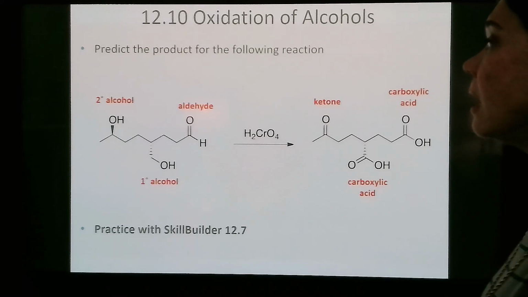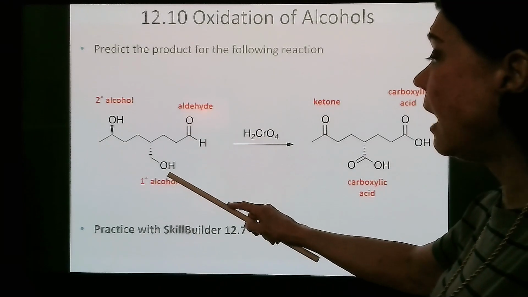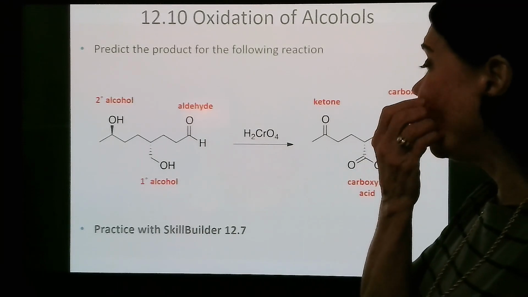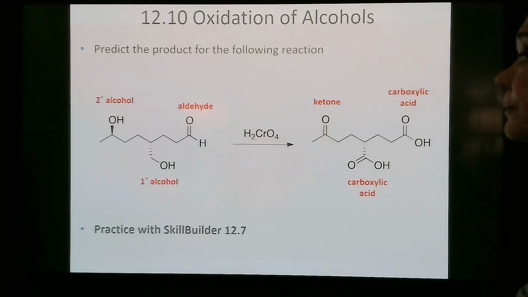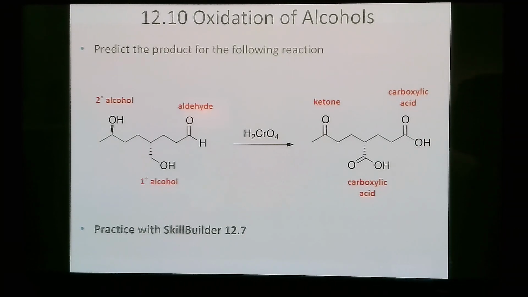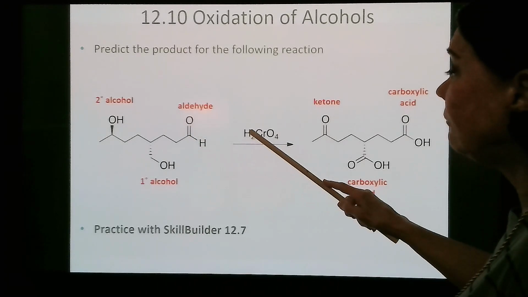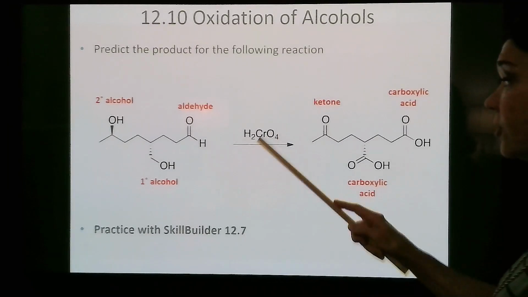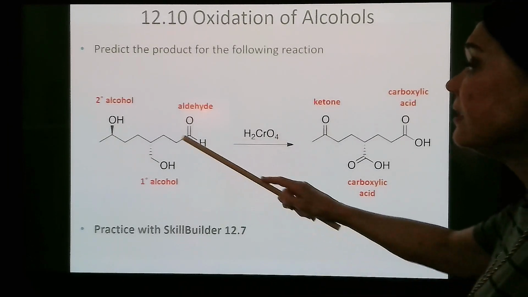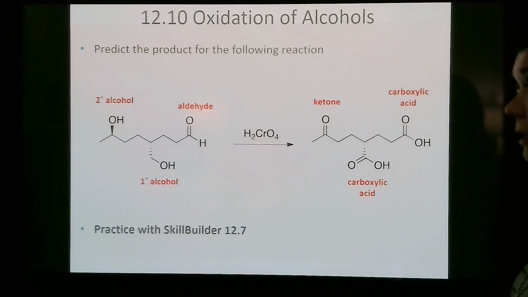Now, predict the product for this reaction. Notice you've got an aldehyde, a primary alcohol and a secondary alcohol. And so what would you predict from this? If you're using chromic acid, this will oxidize all of these just as far as it can.